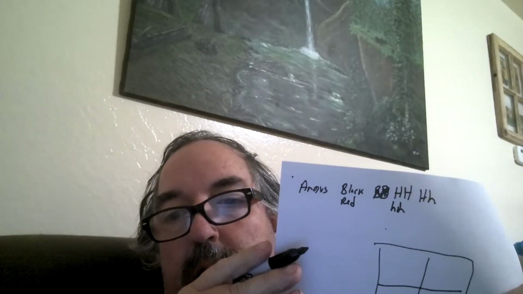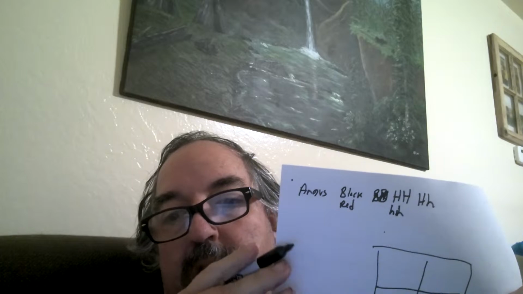remember, black is dominant to red. So, and we use H for hair. So big H is black. Heterozygous is black. And little h is red. So these are our choices up here, right? Black homozygous, black heterozygous, and red homozygous.